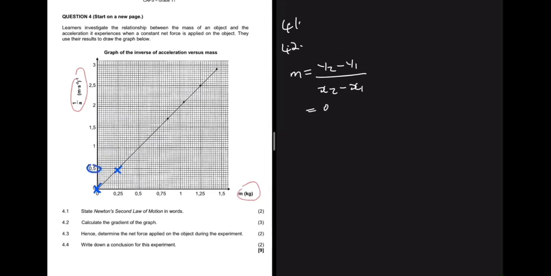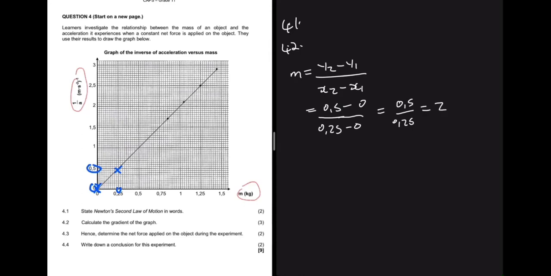So we're gonna say 0.5 minus y1, which is 0, minus 0, divided by x2, which is 0.25, minus 0. And then this will be equals to 0.5 divided by 0.25, which is obviously just 2.